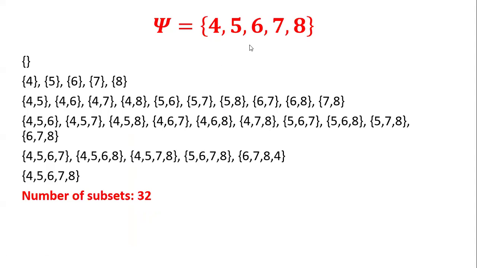And we said that a way that we could know before we even list all of these subsets that the answer is 32 is that we could ask how many elements are inside this set. There are 5 elements inside the set. So in order to find how many subsets there are, we could just say 2 to the power of 5.